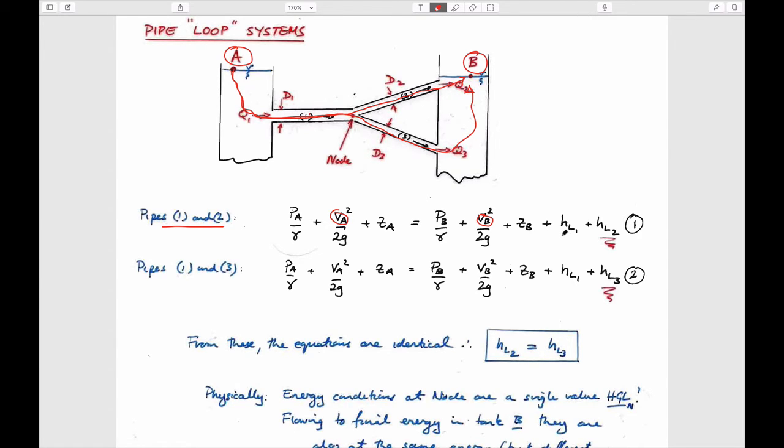And there are two head losses associated with this one, the one in the first pipe and the one in the second pipe. If you do the same Bernoulli or energy equation expression for the second route, you end up again with the same velocity in pipe 1, these are the same, but a different velocity in pipe, this should be C, right?